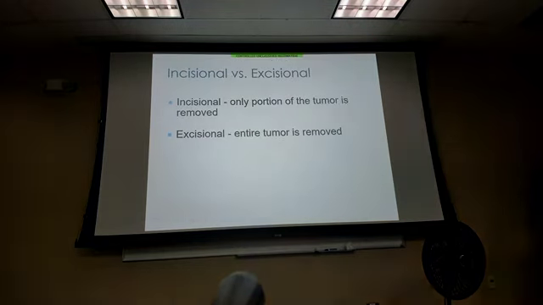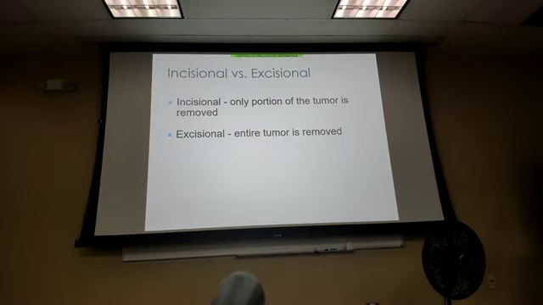All right. So with these surgery procedures, we have it either incisional or excisional. Incisional is where only a portion of the tumor is removed, whereas excisional is take it all.